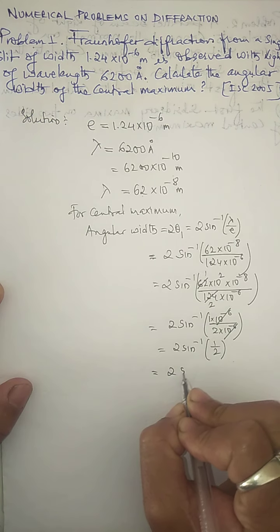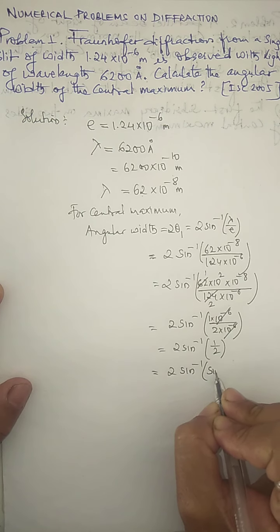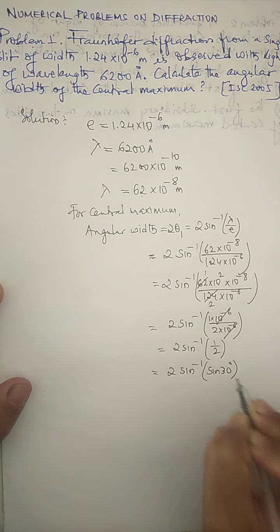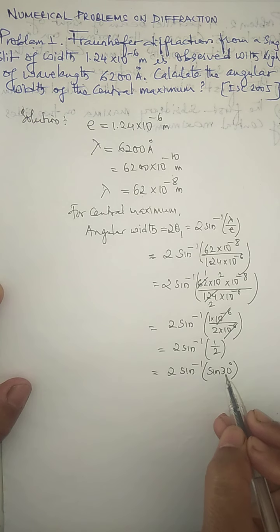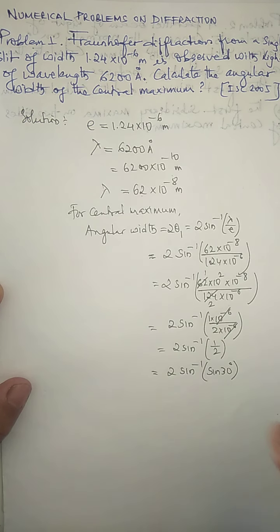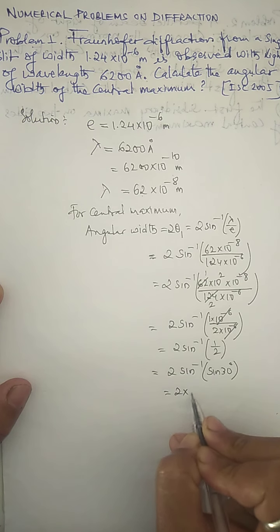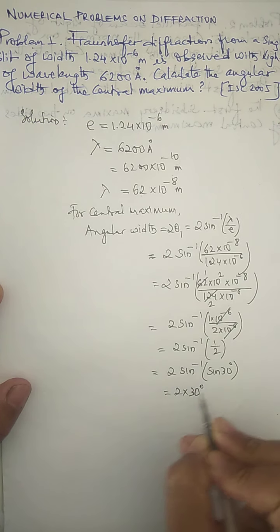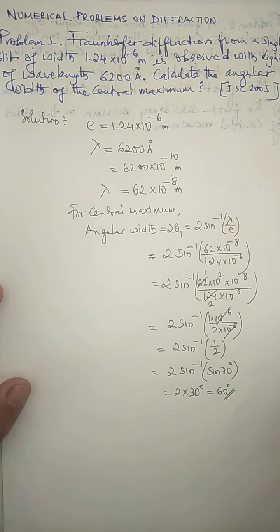In trigonometry, sine inverse sine theta means theta, so sine inverse sine 30 degree means 30 degree. So 2 into 30 degree means 60 degree. We can measure the angular width of the center maximum in degree, and it is coming 60 degree.